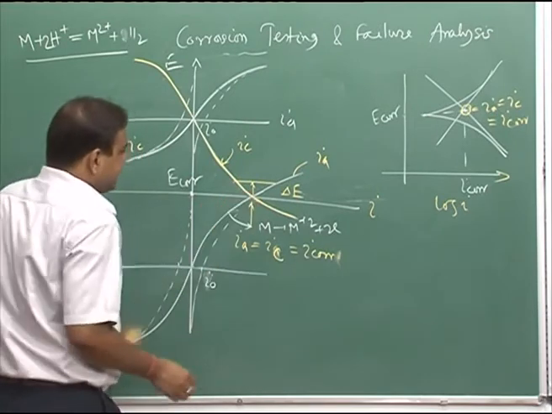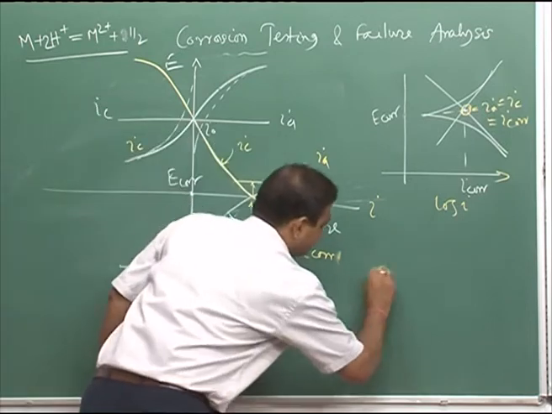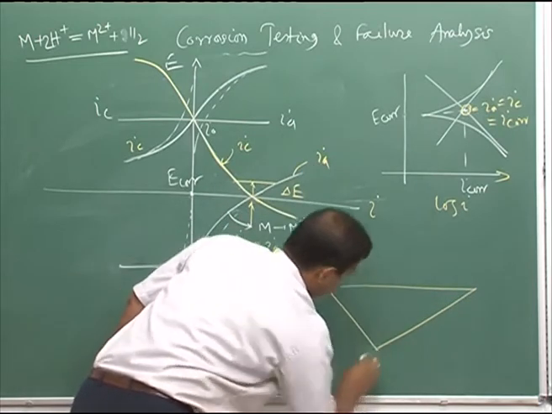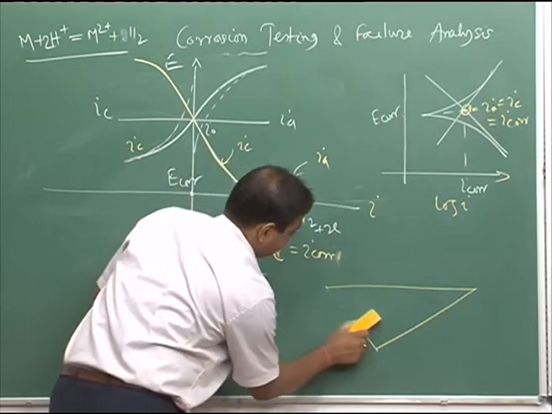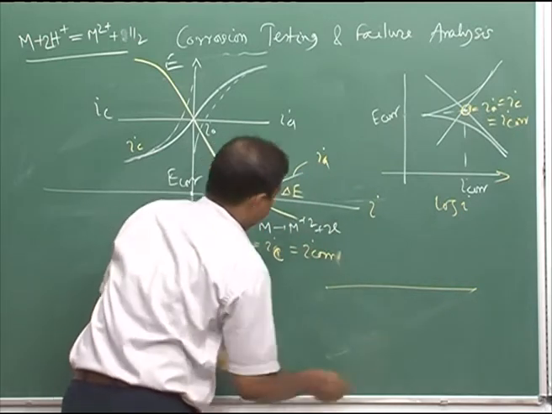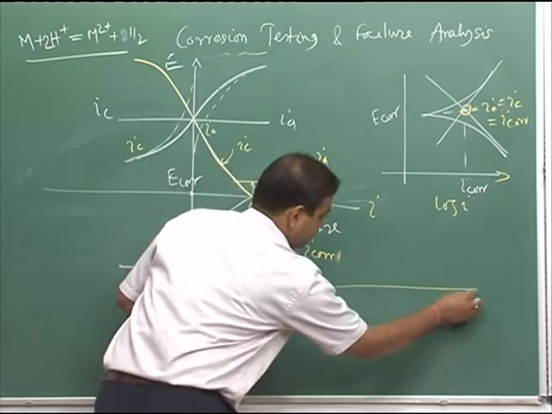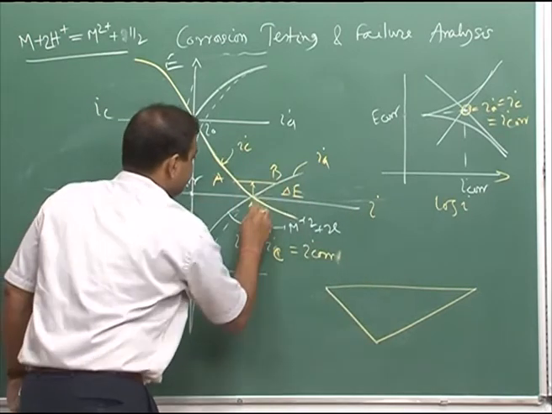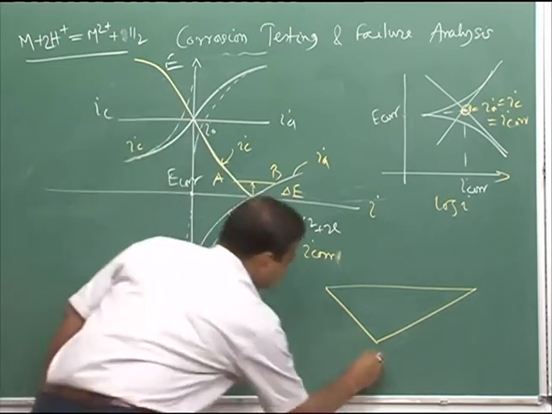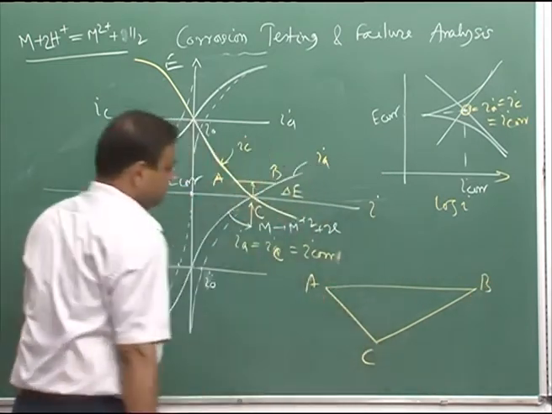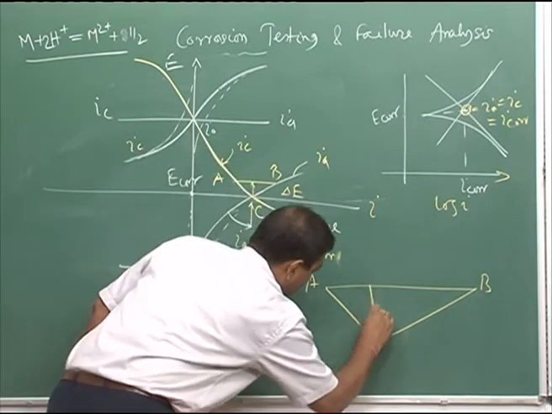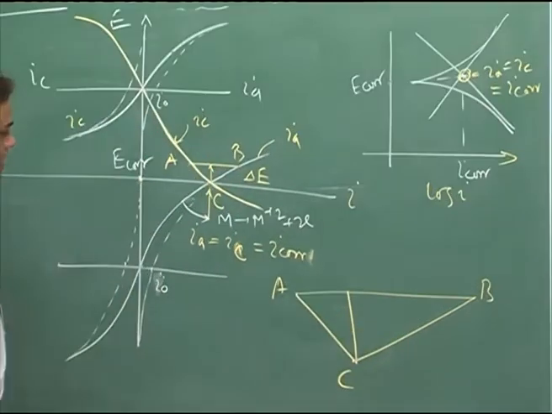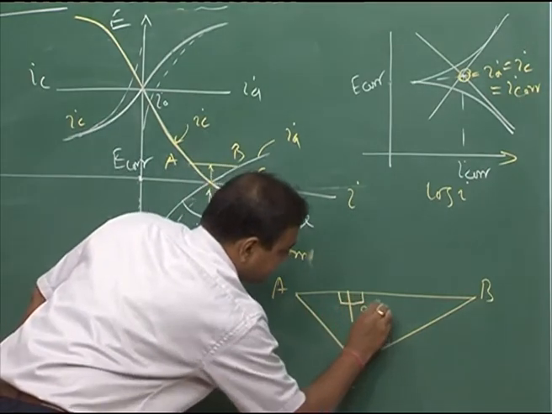Now, if we extend this triangle, this is my triangle, let us say this is A, B and C. So, this is C, B, A, and if I draw a normal from this point to this line, we have two triangles, and this is basically 90 degrees.